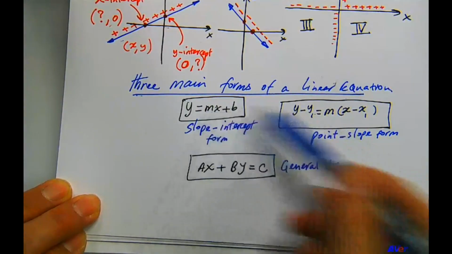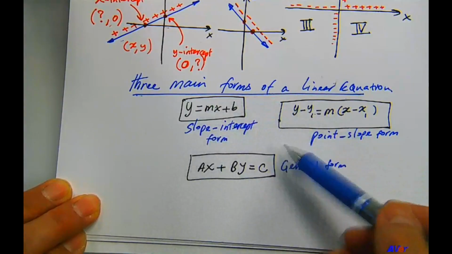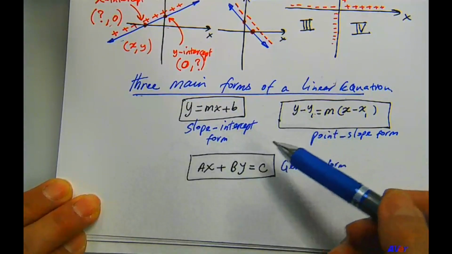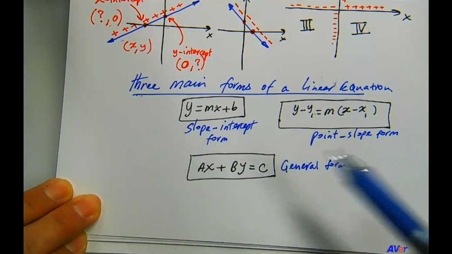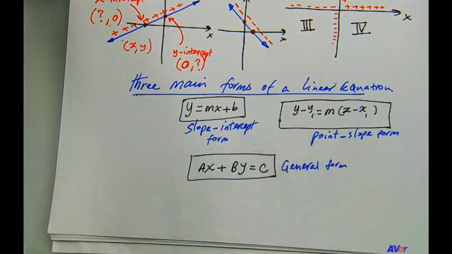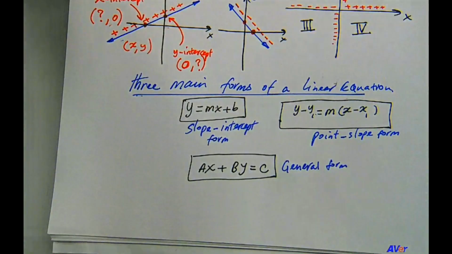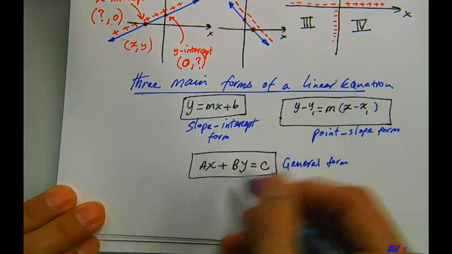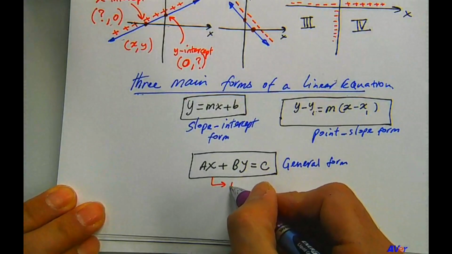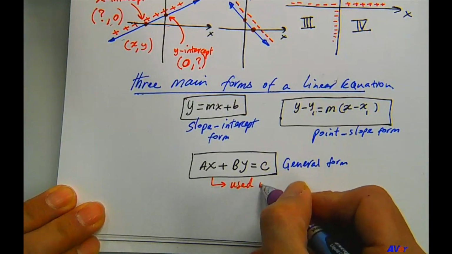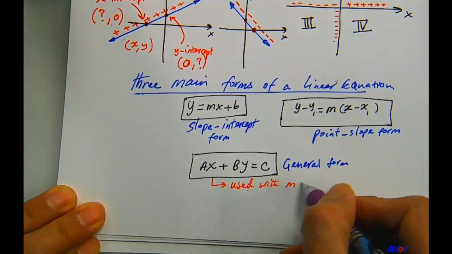So these different forms are applicable and very useful in different situations. For example, this general form is extremely useful when we deal with matrices. So this form is used with matrices.